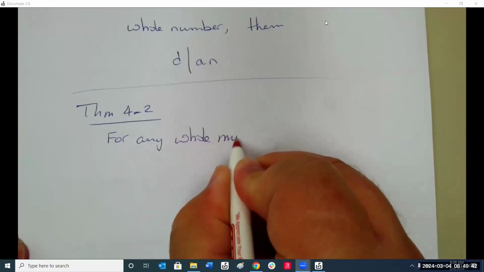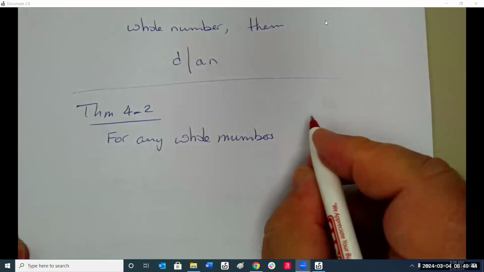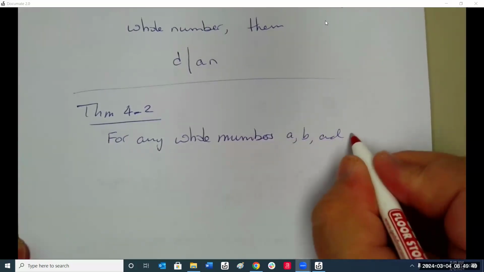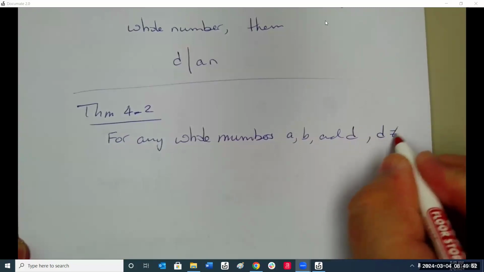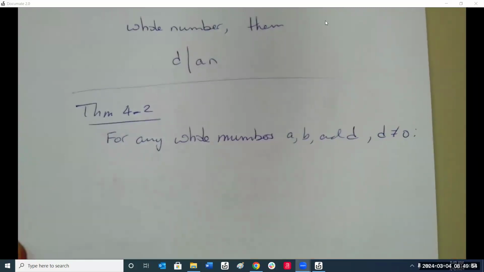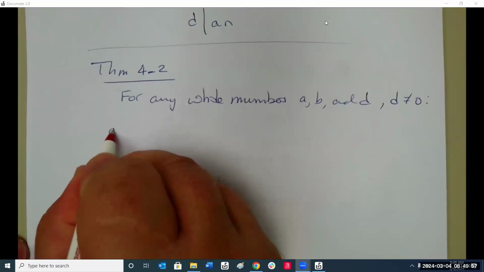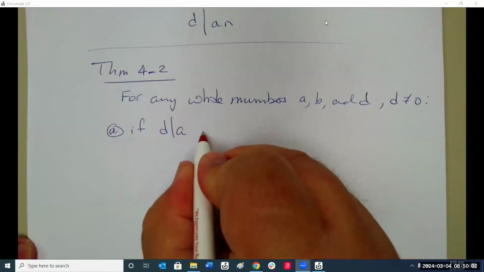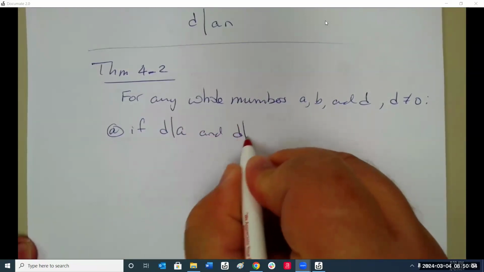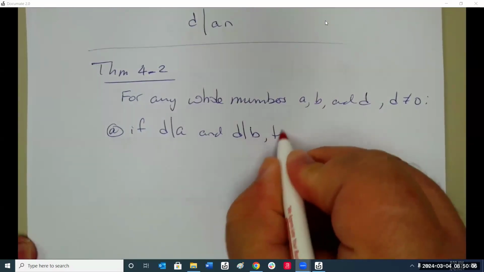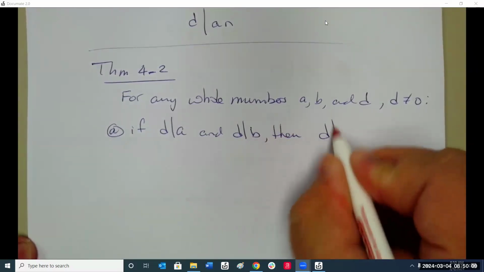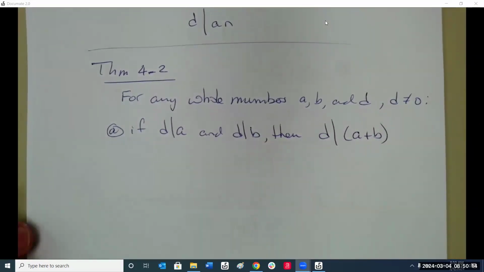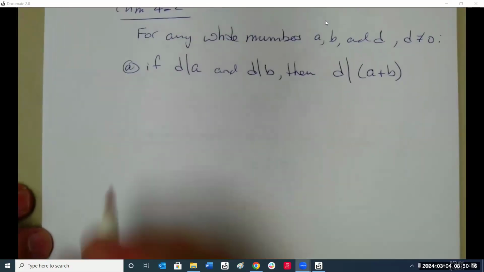For any whole numbers A, B, and D, where D does not equal 0, the following is true. If D divides A and D divides B, then D divides A plus B, the sum rule.